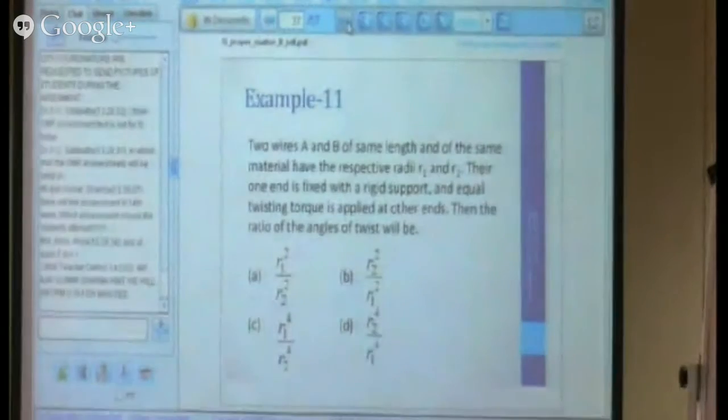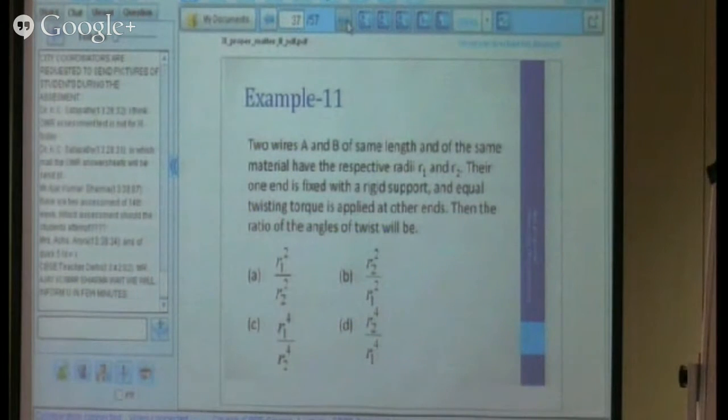Now this is a straightforward formula based question. I want you to do it. It says that the two wires A and B of the same length, please keep that in mind, and the same material have the respective radii R1 and R2. Their one end is fixed with a rigid support and equal twisting torque is applied at the other end.